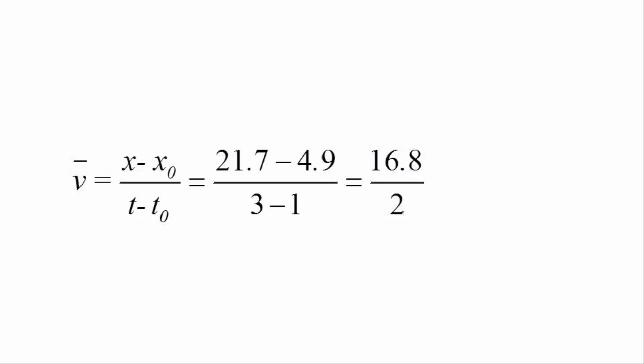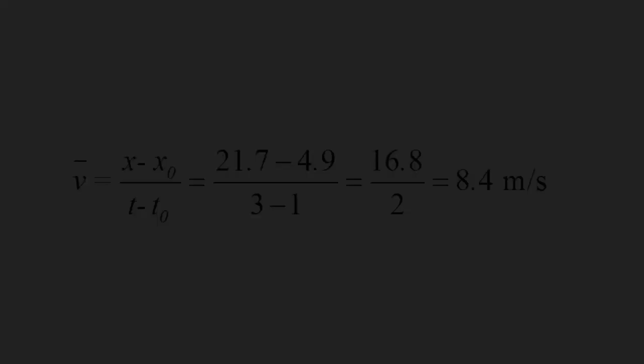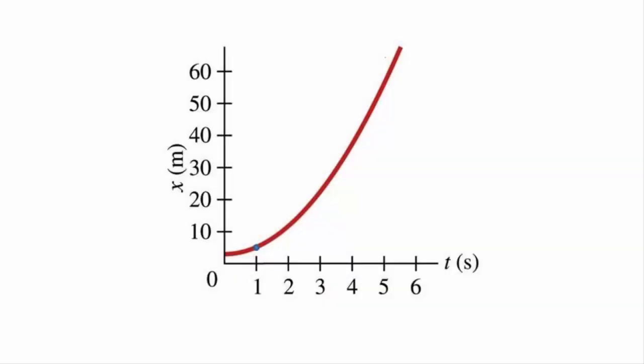Thus, the average velocity is given by 16.8 meters divided by 2 seconds, or 8.4 meters per second. On the graph of the displacement time curve, we can plot the positions at 1 second and at 3 seconds. The line that joins these two positions will have a gradient equal to 8.4, which represents the average velocity of the motion during this interval.